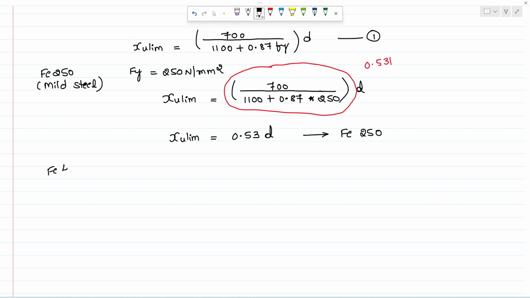Similarly for Fe 415. So Fy will be 415 Newton per mm square.